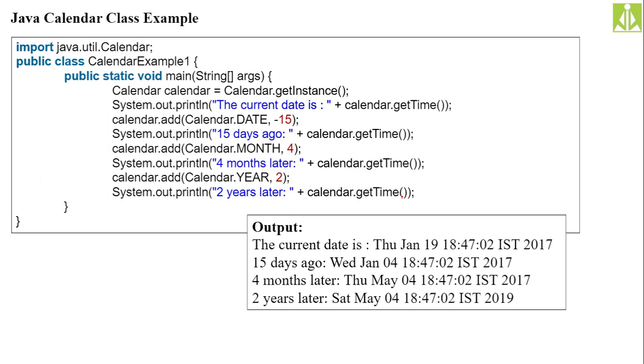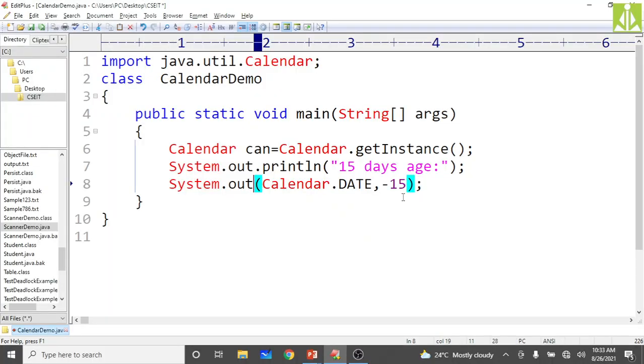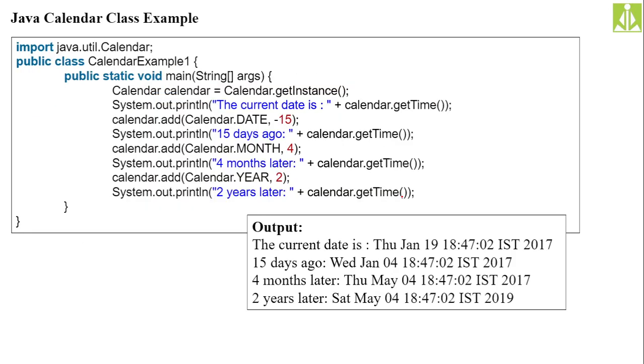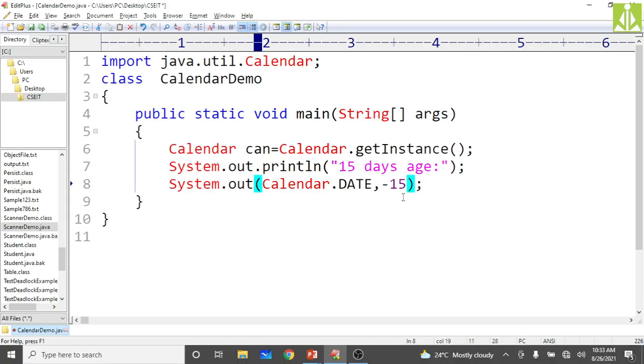So it will simply add the time to the instance, and that we can use on the System.out.println. So here we need to add the time to the instance, can.add of Calendar dot, like this.